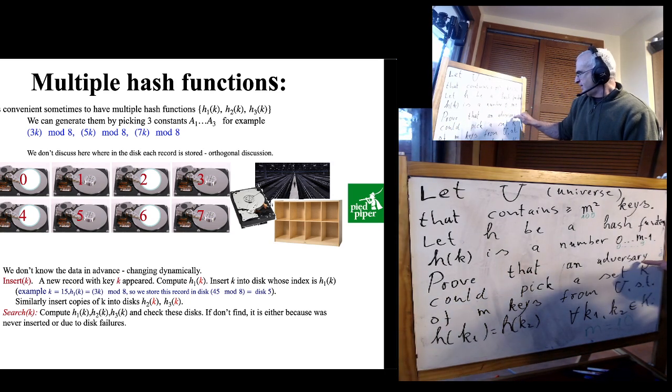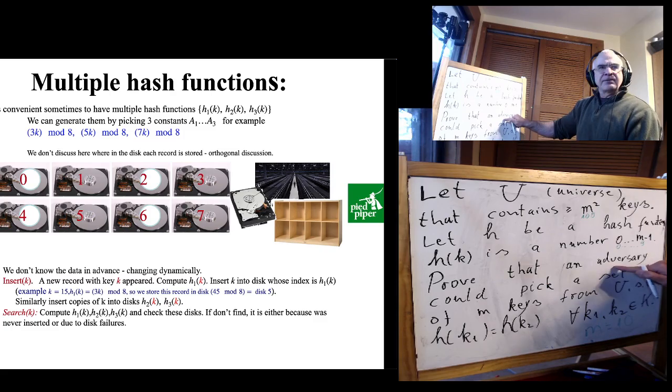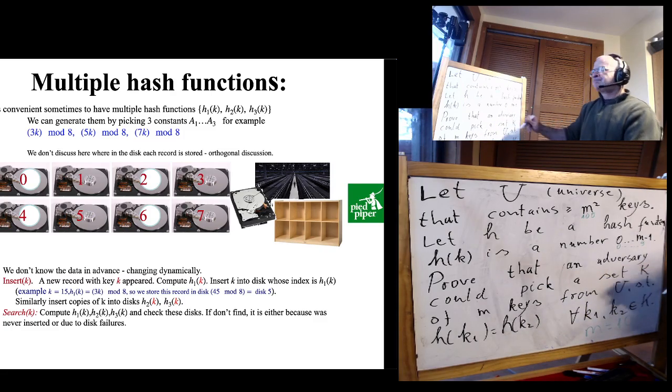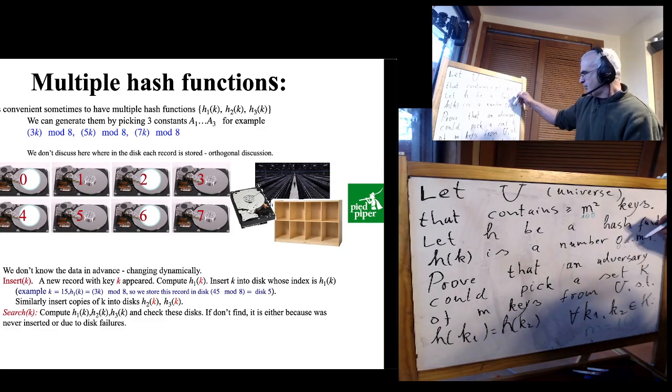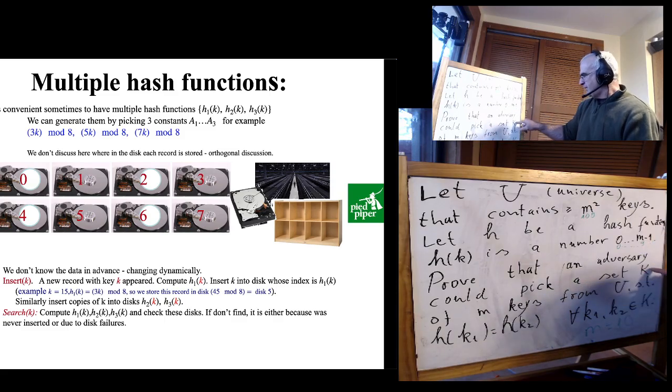However, the adversary, somebody whose toes you stepped on at some point, is trying to get your data structure to behave as badly as possible. He can decide who will be the set K of students.